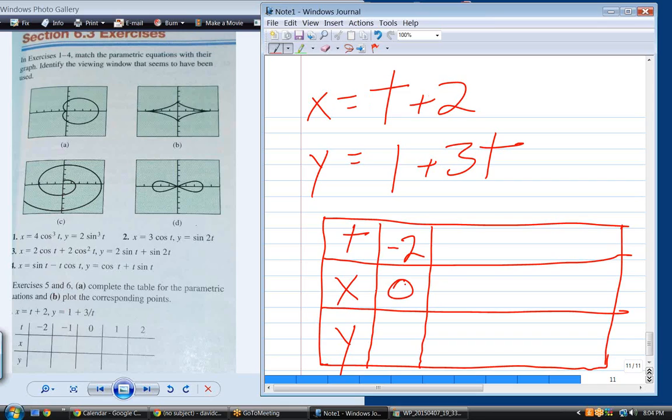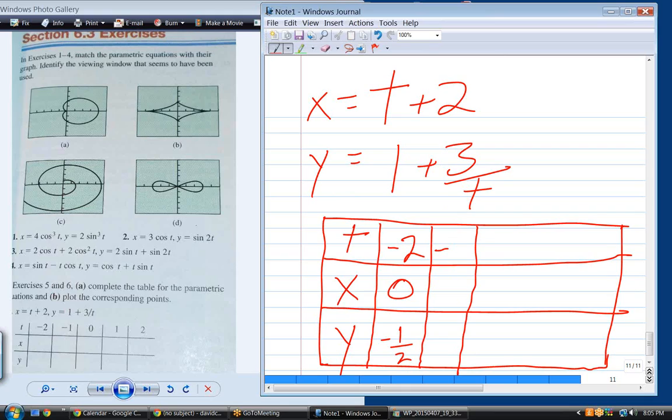It would be 0. When t is minus 2, what's y? Negative 5. Whoops, hold on, I wrote it wrong. It's divided by t. Okay, so when t is minus 2, y is minus 1/2.